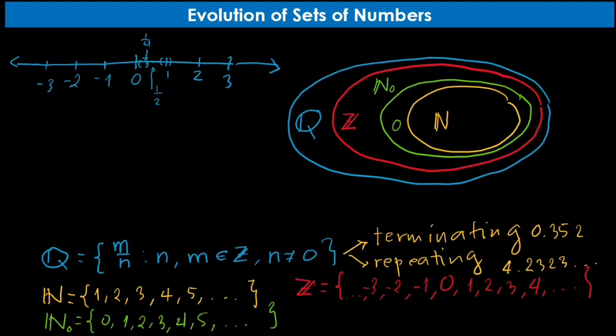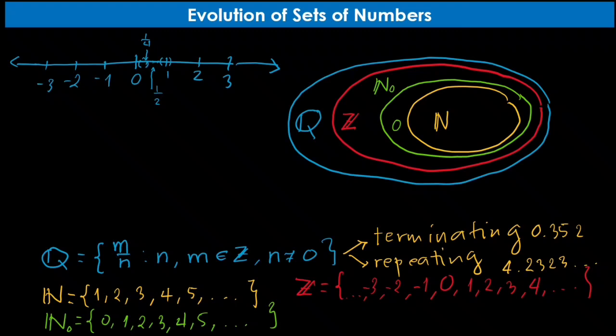Now, we have another set of numbers which is not repeating and not terminating. And this was discovered by Hippasus.